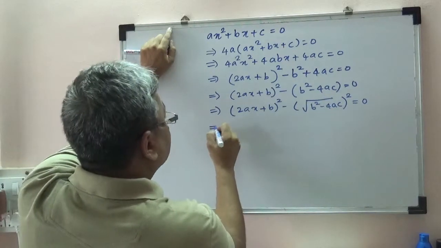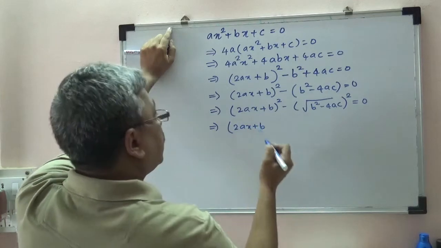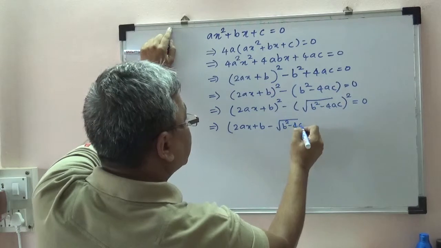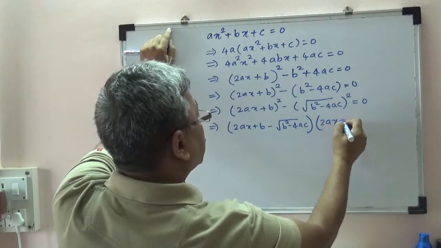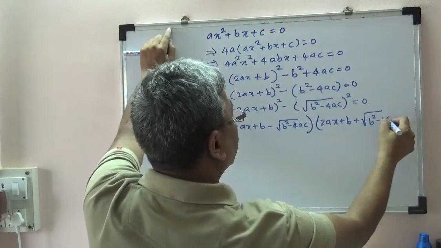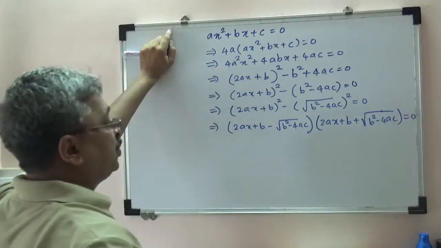Okay, therefore now I get two factors: 2ax + b minus root of b square minus 4ac is the first factor, and 2ax + b plus root of b square minus 4ac is the second factor, whose product should be 0.